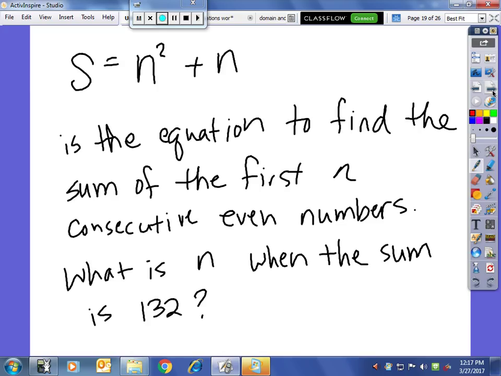Eric and Saul, this is for you. First of all, where do I put the 132 in this formula? For S. They're telling you what the sum should equal, 132. Now, I'm going to show you a way that's probably the easiest to do this. It just doesn't work on every single problem.